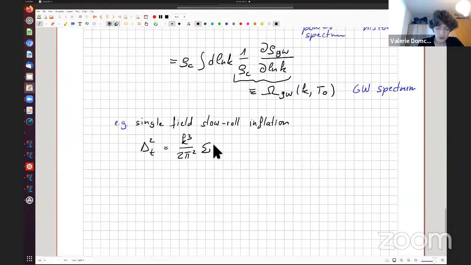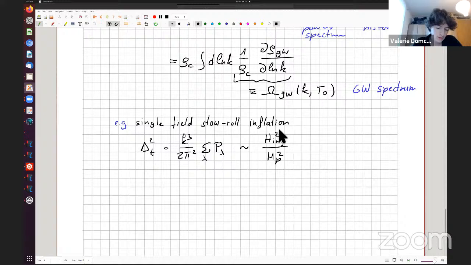I'm just putting this here because you might see it written in a different way in different literature. The prediction of the simplest model of inflation is that this power spectrum is just given by the scale of inflation divided by the Planck mass, because we're producing metric fluctuations, so gravity is somewhat important. This is where the Planck mass enters, and the energy scale of inflation tells us how easy it is to produce these tensor perturbations.